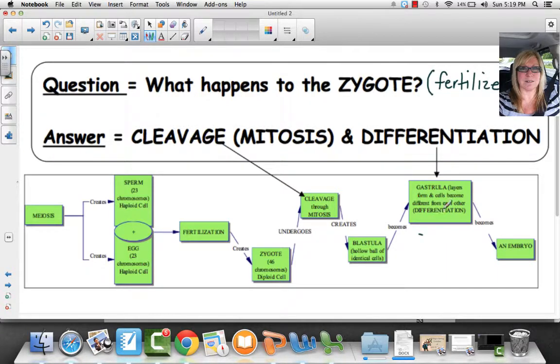All of our cells have 46 chromosomes, but we don't use all that information at the same time. We use some of that information for heart cells, some for skin cells, so on and so forth. And through differentiation, the embryo evolves and then continues to grow.